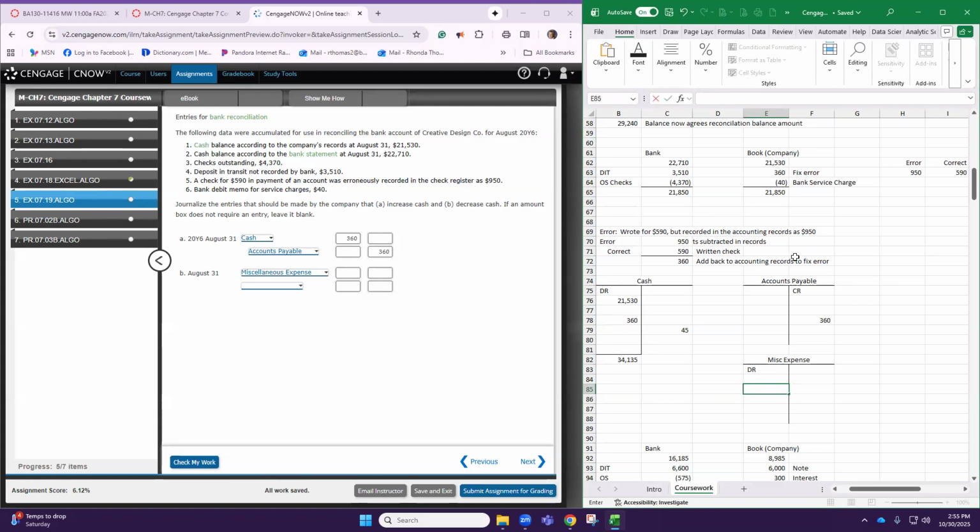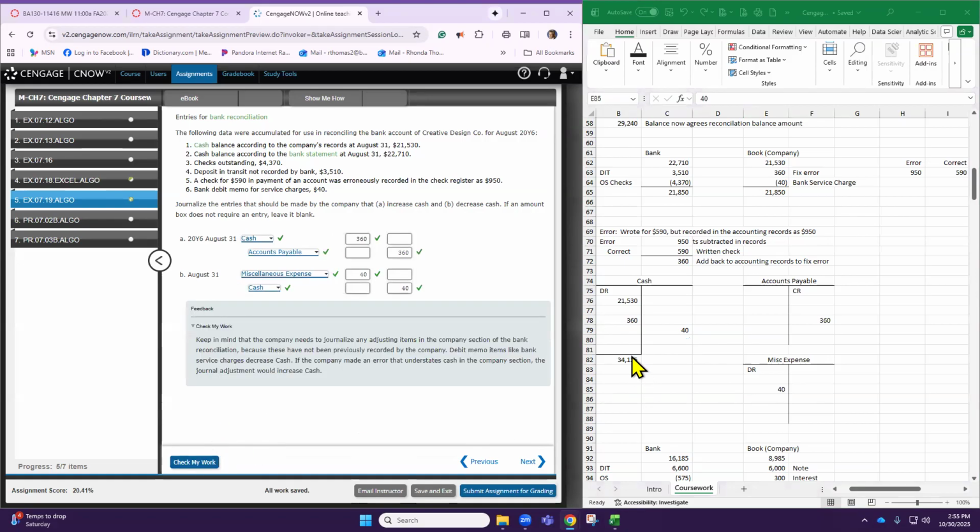Okay, so let's just put 40 in here and then we'll make this equal that. So when we make cash go down for 40, we have to debit something. Okay, so we're debiting for the service charge and crediting for the cash going out.